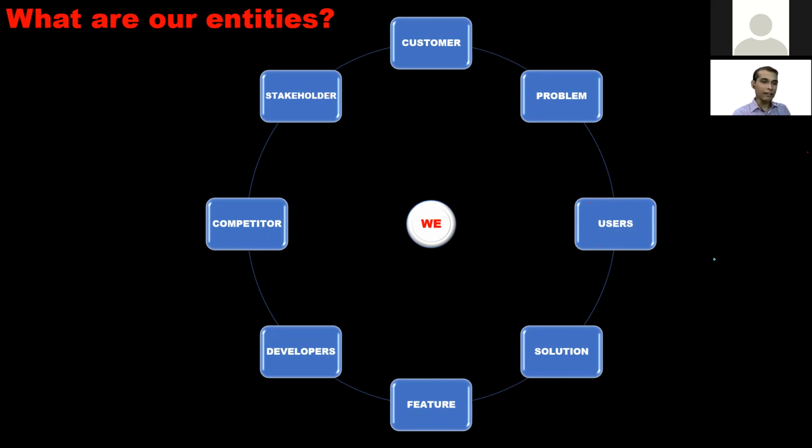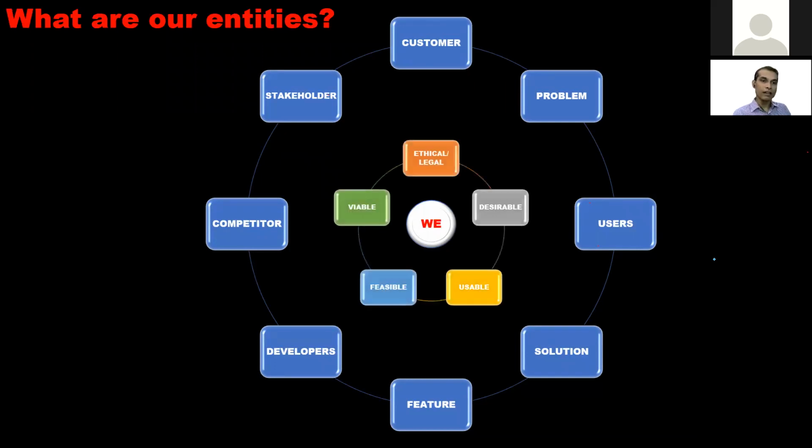But it's not just that. The entities which help us evaluate the assumptions are viable, feasible, usable, desirable, legal, ethical, and it doesn't even stop there. It's sustainable, operable. So the list goes on and on, right? Let's not assume that the list is complete. Even that you have to validate.